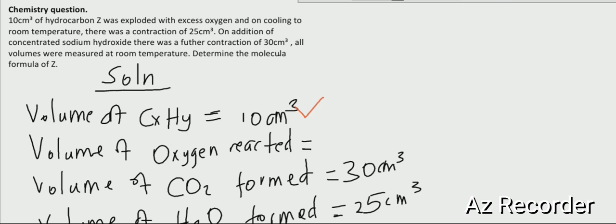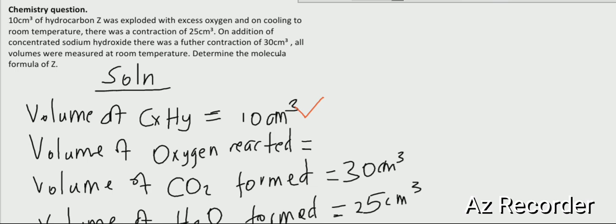Volume of oxygen reacted we don't have. Then volume of carbon dioxide formed is 30 cubic centimeters. This 30 cubic centimeters was formed when sodium hydroxide was added. We all know that sodium hydroxide removes carbon dioxide. So after adding sodium hydroxide, carbon dioxide was removed.